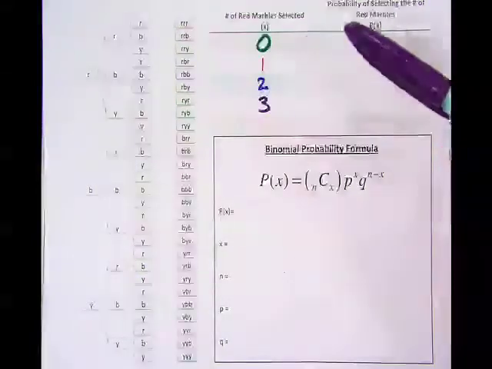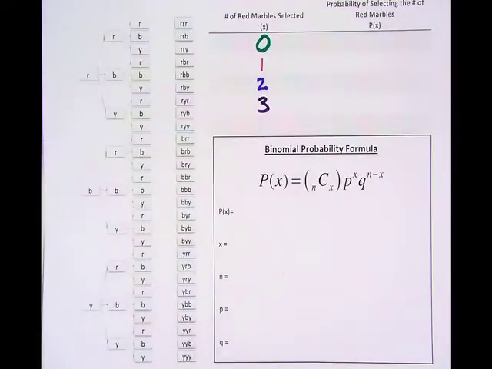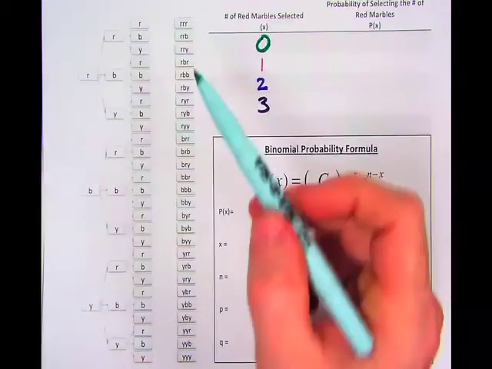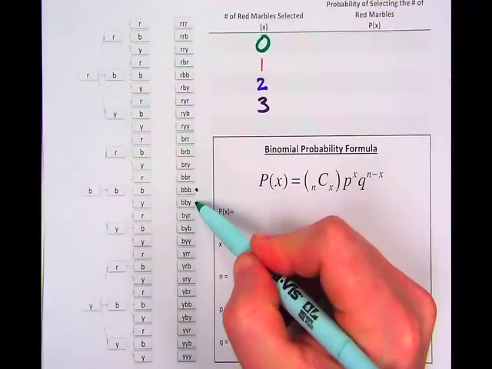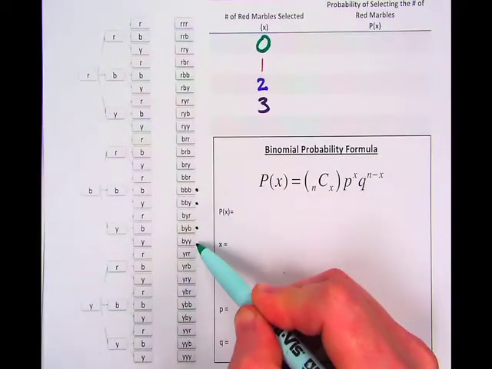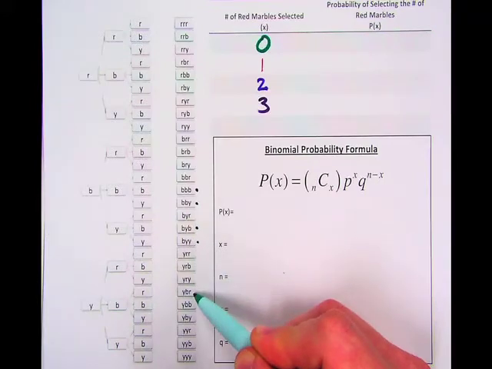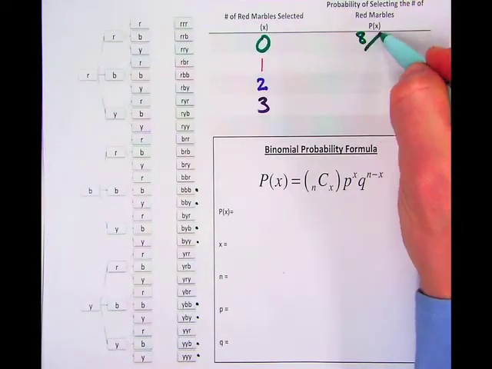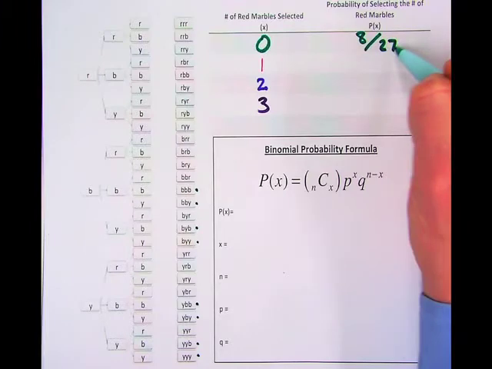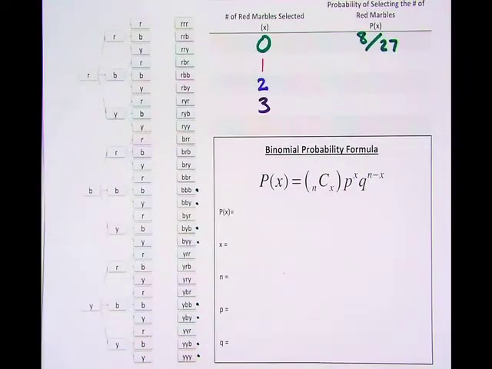Let's go ahead and find all the possibilities of selecting the red marbles. What's the probability of selecting 0 red marbles? We'll just come down, find the ones that don't have any red, and then count them up. We should get 8, so it's 8 out of 27. We'll do the same thing now with getting 1 red marble.